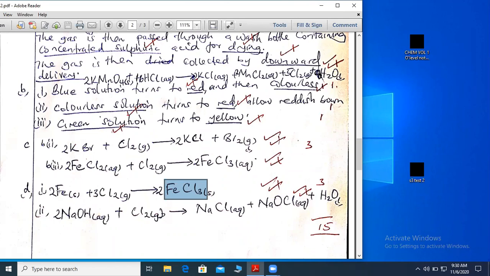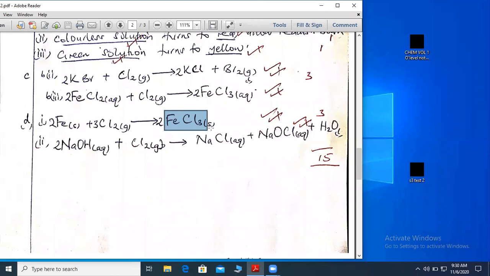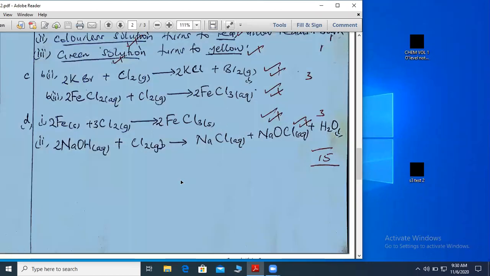Hydrogen chloride plus iron, the product is iron 2 chloride plus hydrogen gas. Then chlorine with iron, the product is iron 3 chloride. This chemistry is very important and very common.